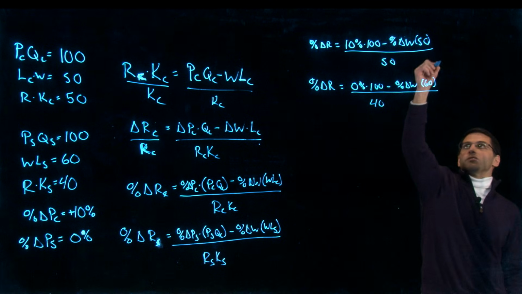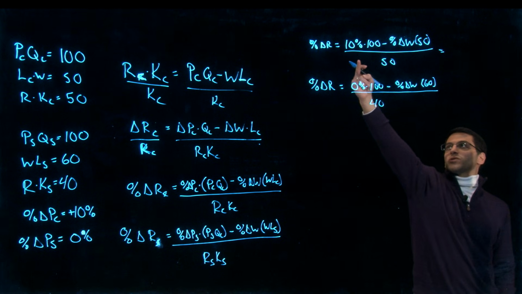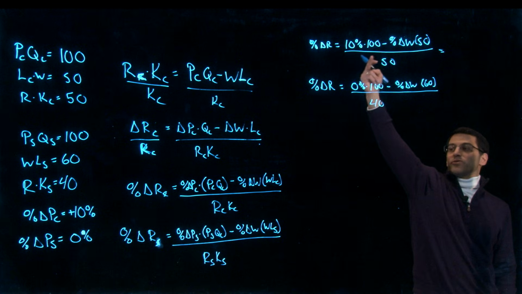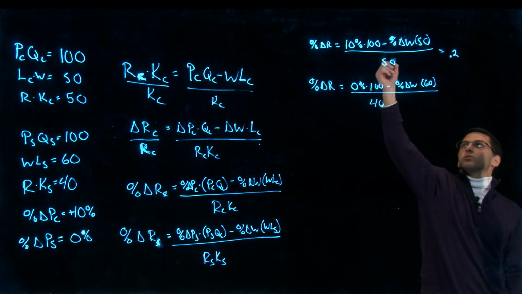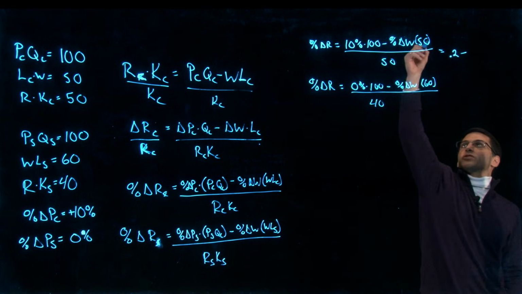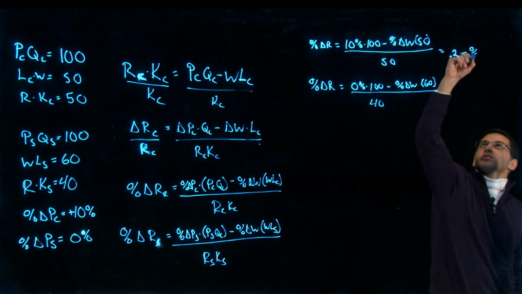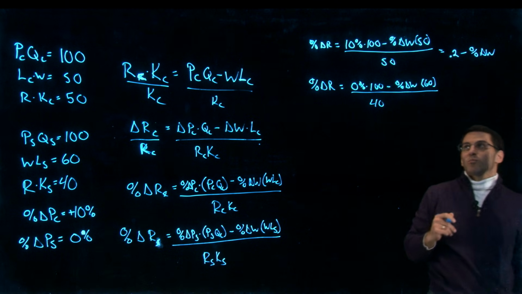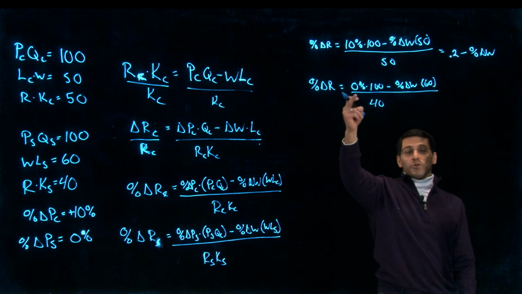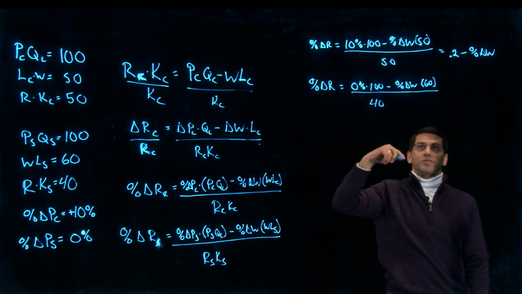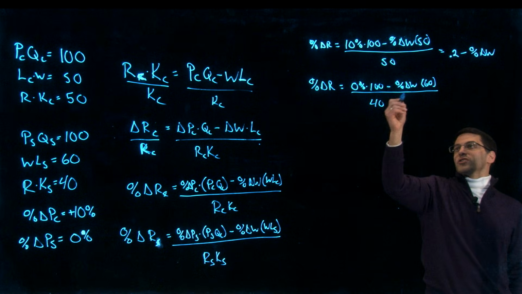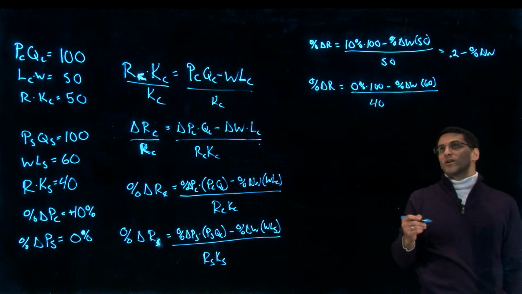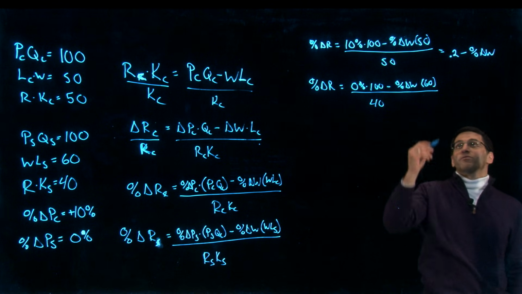So what does that simplify down to? 10% of 100 is 10, so that's 1/5, or 0.2, minus the 50 over 50 cancel, and we just have the percent change in W. 0% times 100 is 0, so the first term drops to 0, minus percent change in the wage times 60 over 40, which is 1.5.